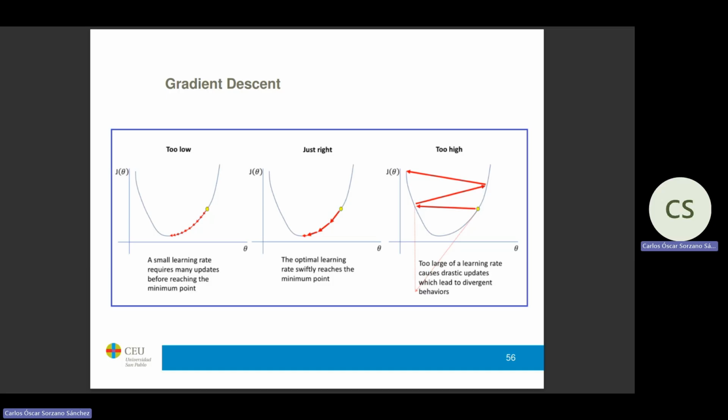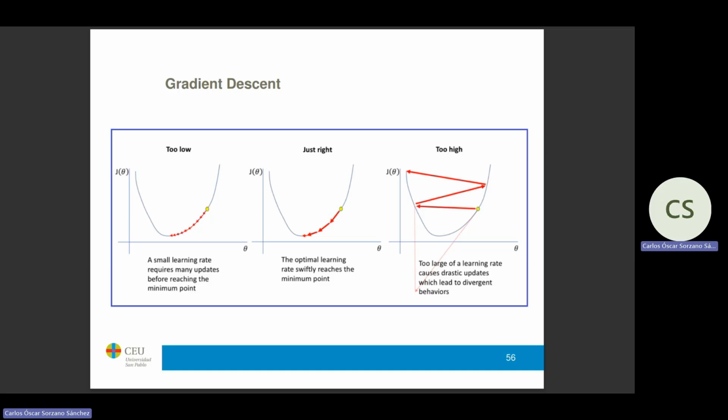That line was a good local approximation, but once I get away from that point, it's not a good approximation anymore. So now I think that I have to move here, but then here I have this one. You start jumping from one side to the other, you might actually diverge. So instead of converging to a minimum, you start jumping all the time, you don't get anywhere. So that is a danger of this method.